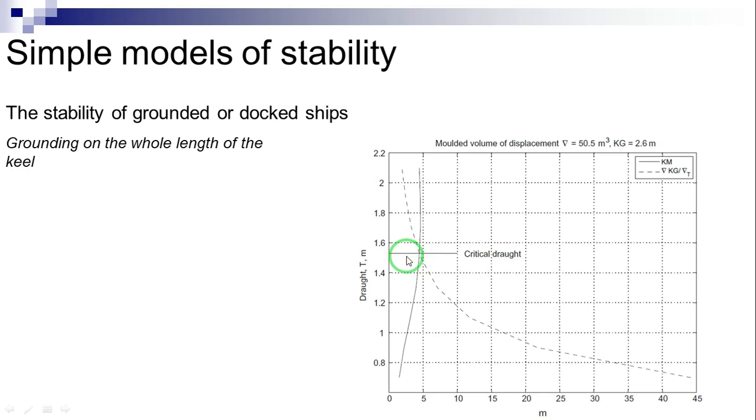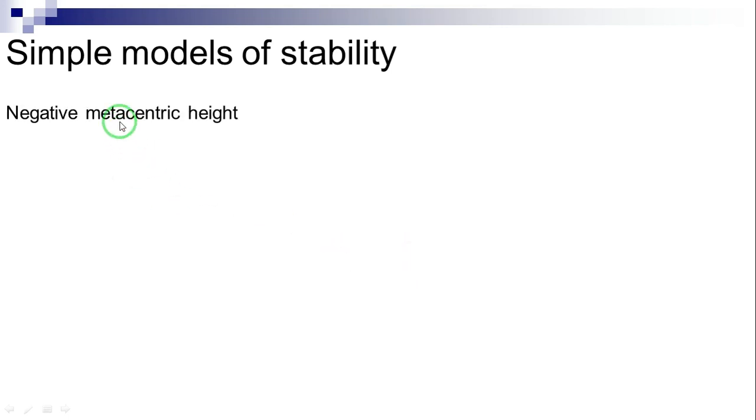Negative metacentric height. The metacentric height GM can become negative if the center of gravity is too high or if the influence of moving loads is important. Even with a negative metacentric height, ships with certain forms can still find a position of stable equilibrium at an angle of heel that does not endanger them immediately.